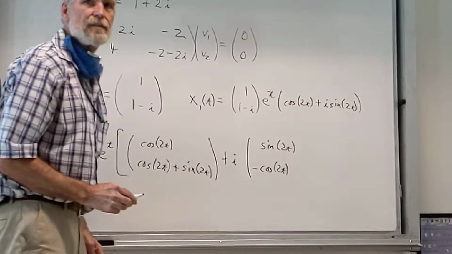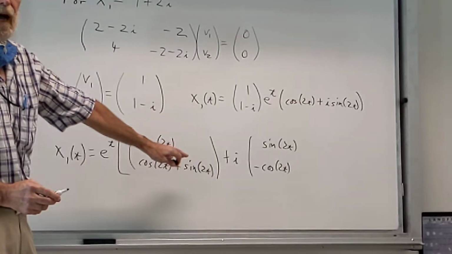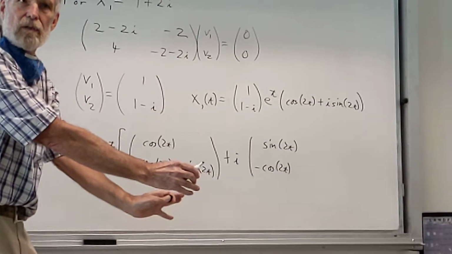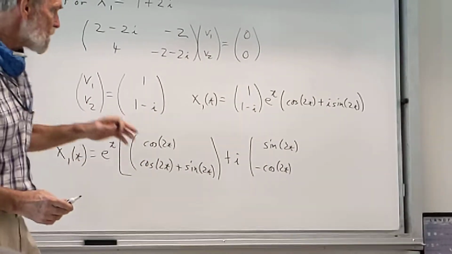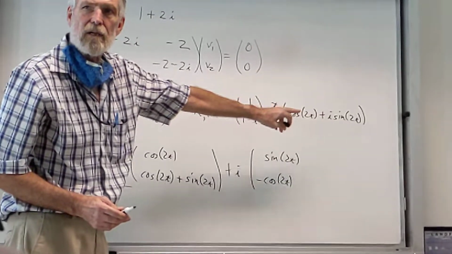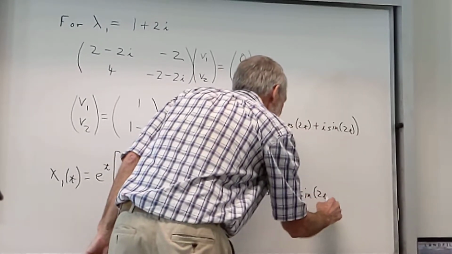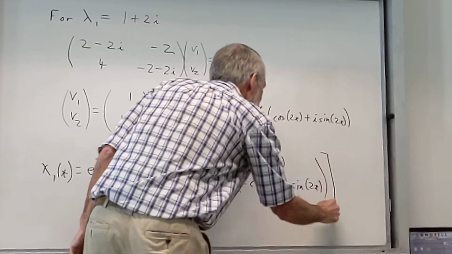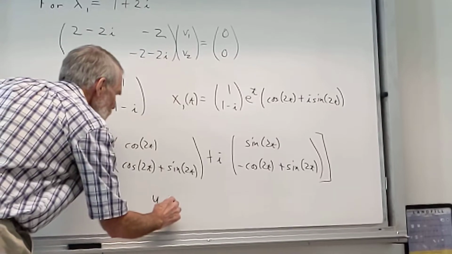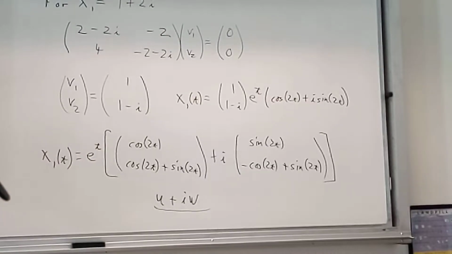Now, from here, we take the minus i times the cosine, which will give us a minus cosine 2t. Why aren't you putting i? Oh, I'm sorry, the i's out front. I'm breaking this down into the real component and the imaginary component, okay? And the other one we get is the 1 times the i sine, so it will give me plus sine of 2t. Now you can see I basically got this into my u plus i w that I did in my general theory, right?